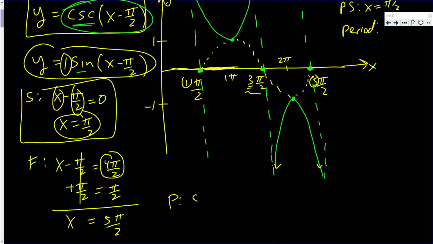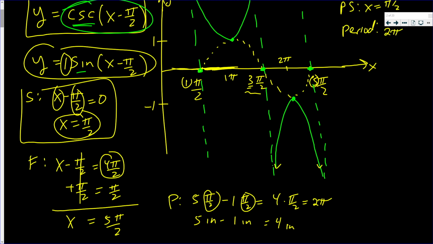The period is going to be 5 pi over 2, that's the finish, minus 1 pi over 2. Just think about 5 inches minus 1 inch. It's 4, and then the units. The units are pi over 2's. So you have 5 minus 1, which is 4, pi over 2's. Oh, I could simplify that. So the period is 2 pi.